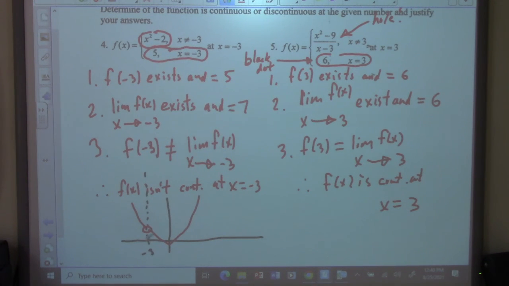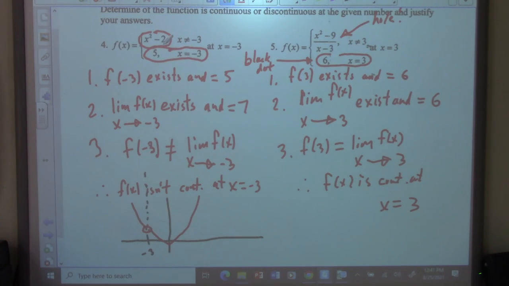So you see, Kaylee, this is what we're talking about. We're talking about this function with this hole, because that does not apply, right? It's telling you that there's a gap right there at x equals -3. You see that?